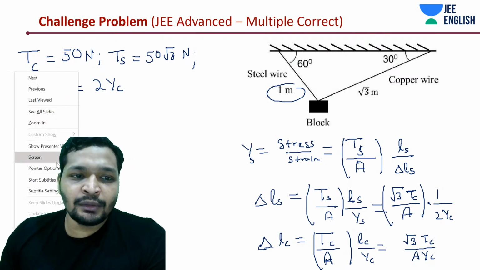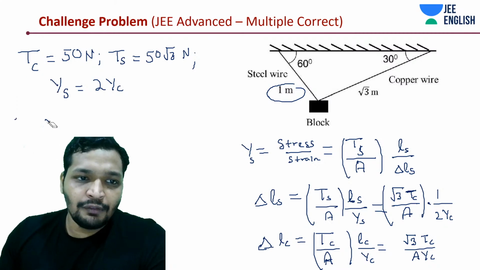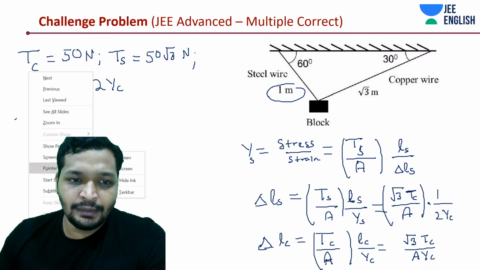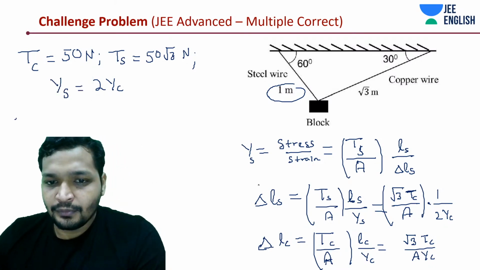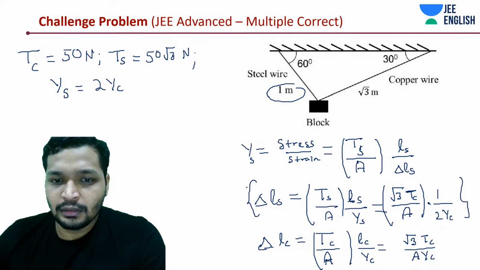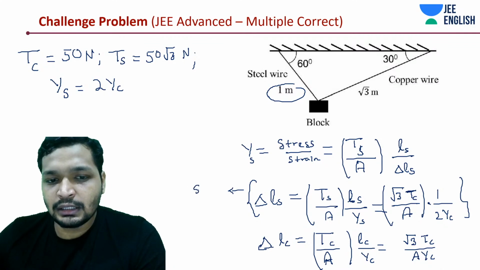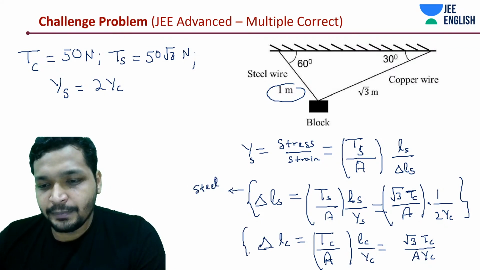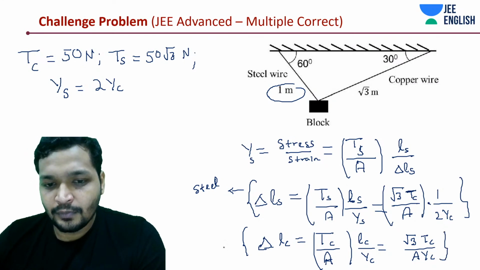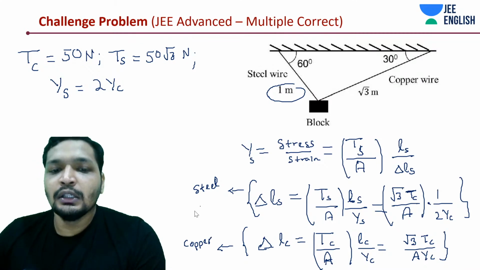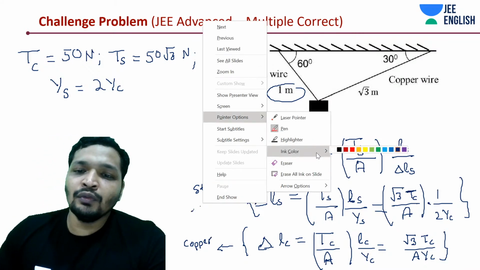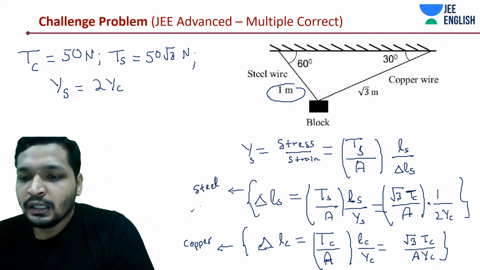simply from this equation you can see these are two different equations, right? One for steel, just marking it for clarity, this is steel, and this is copper. Simply, you already know what to do now.